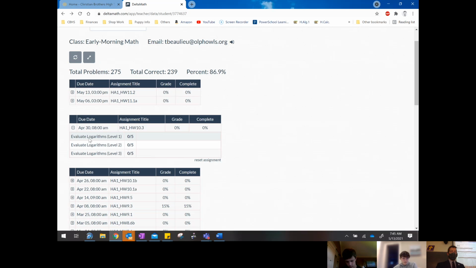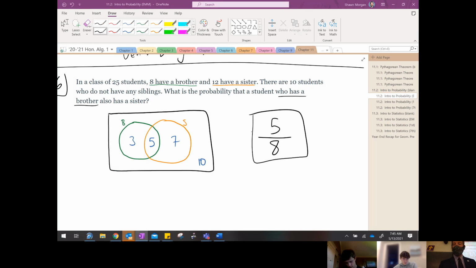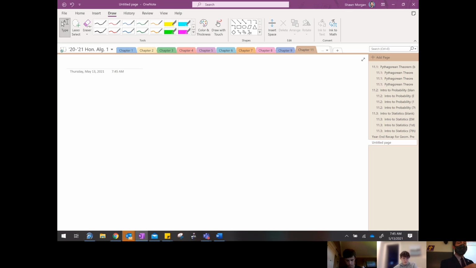Now, here's the structure of your exam. Here's what your exam is going to look like, okay? It is going to be 50 questions, all right? And you are going to start off with a grade of 50 out of 100.